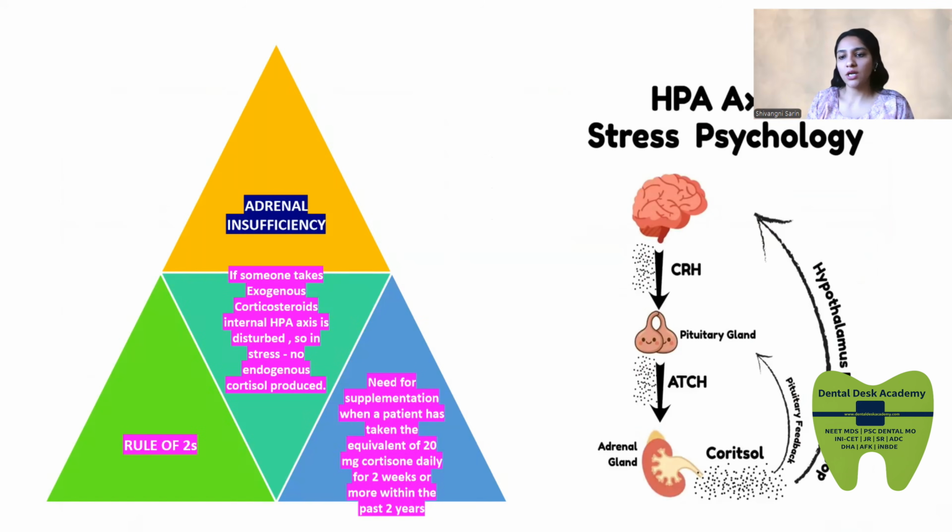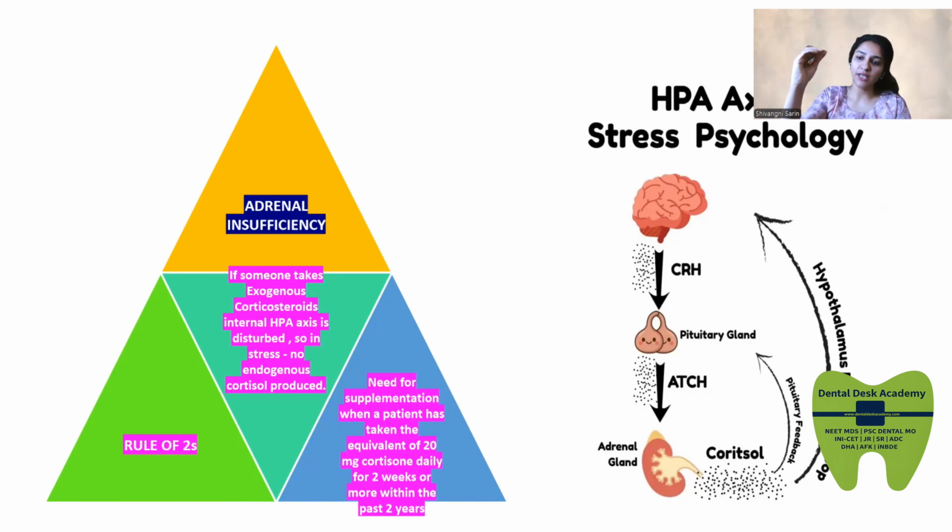Now, next, let us talk about adrenal insufficiency, which is again a common medical emergency. Now, what we should know is that there is a general HPA axis in our body. It gets activated when the body faces stress. If there is any sign of stress, your brain, your hypothalamus gets activated and releases corticotrophin releasing hormone, CRH.